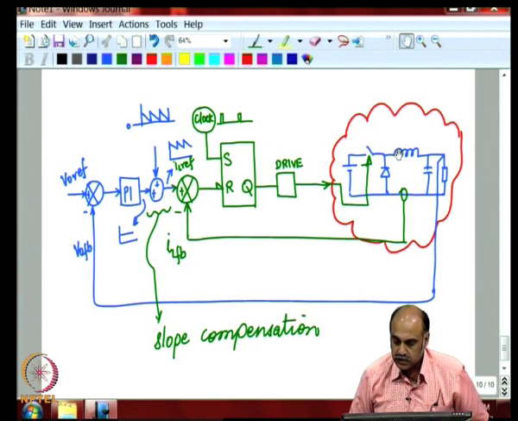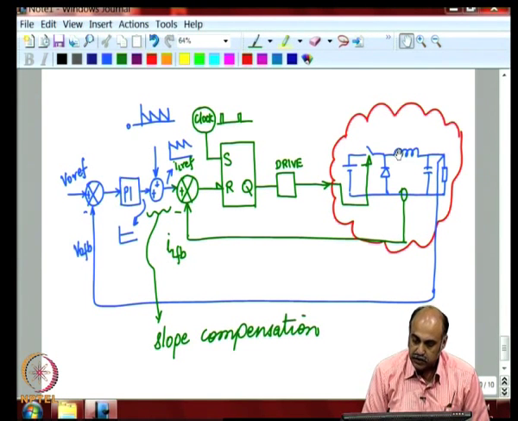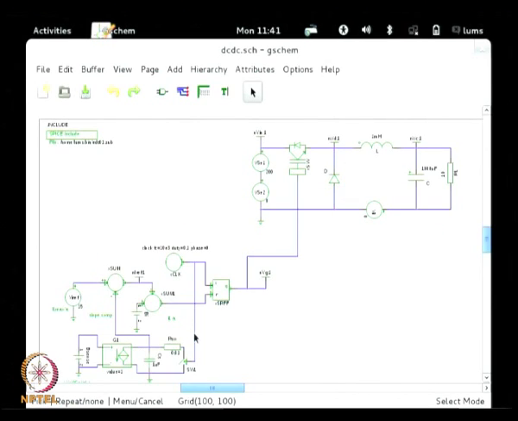Now, let me just show implementation of the simulation for the case of a buck converter, how it is simulated. So, this is the simulation PC, which is basically showing the schematic on GeckoCIRCUITS.